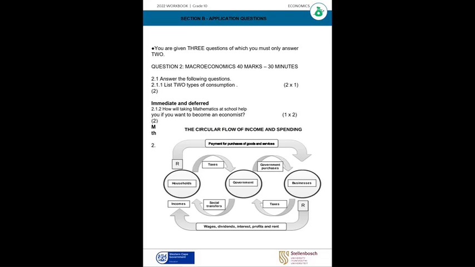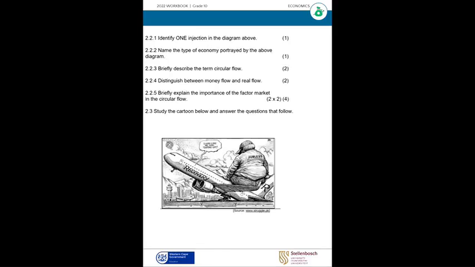And there we've got taxes again, and then we've got social transfers. So here we can see 2 ways in which things are causing money to flow in. It is through government purchases as well as through social transfers. Government purchases from businesses and social transfers to the households. So those are the 2 possible answers that you could give for 2.2.1. And please note that is once again only for 1 mark, because the answer is on the question paper.